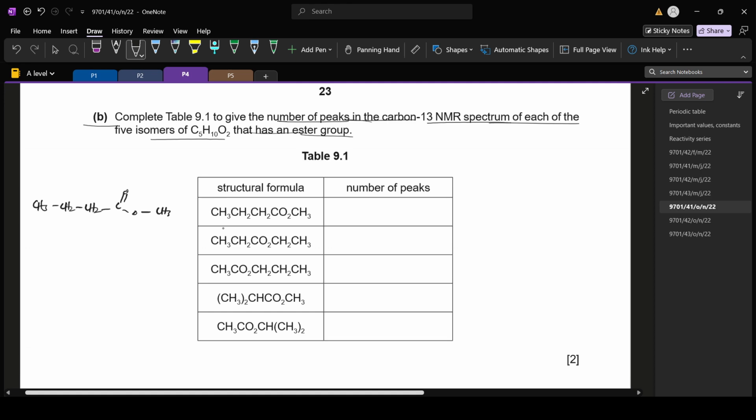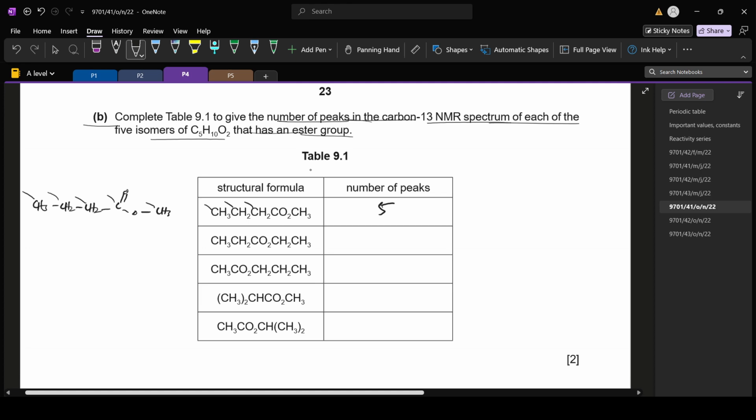You can see that this carbon has a different environment, this carbon has a different environment, and this carbon also has a different environment. From here, 1, 2, 3, 4, 5. So 5 environments, so 5 peaks will be shown.